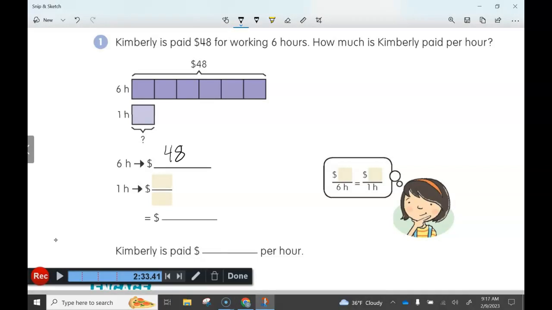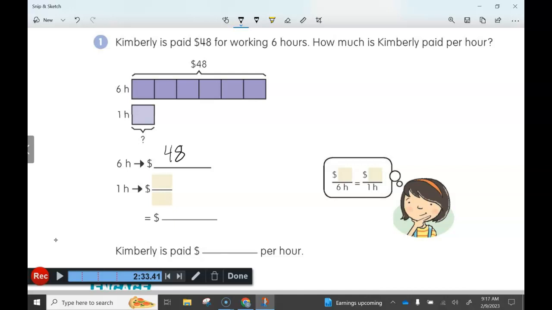Now, just saying that you earn $48 for working doesn't really tell you if it's even a good use of your time or anything like that, because you get paid $48, and who knows, you may have worked 100 hours, or you get paid $48 and you may have only worked 2 hours. But understanding the unit rate helps you understand how much somebody's getting paid per hour and if it's a good job or not.